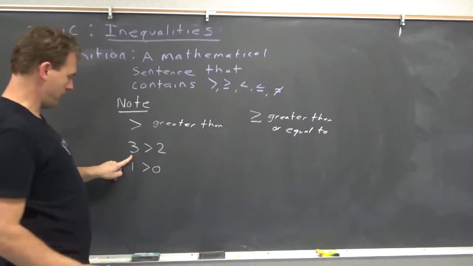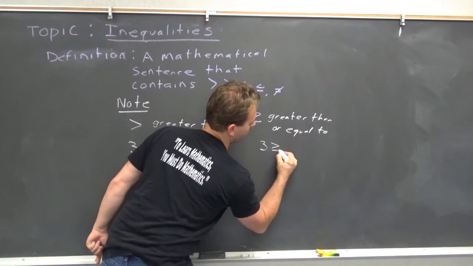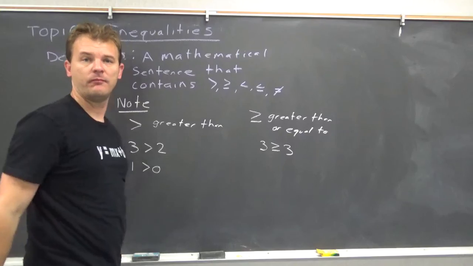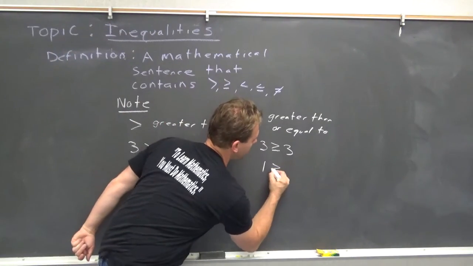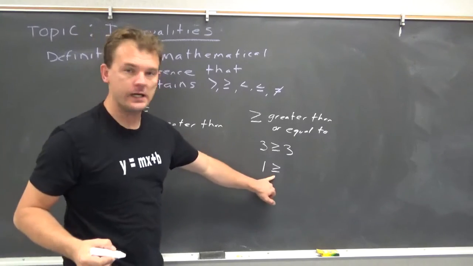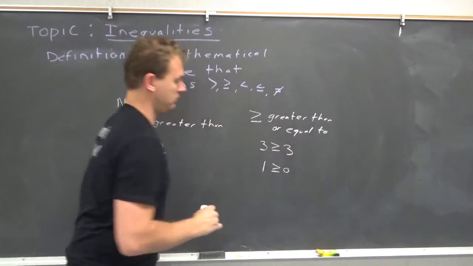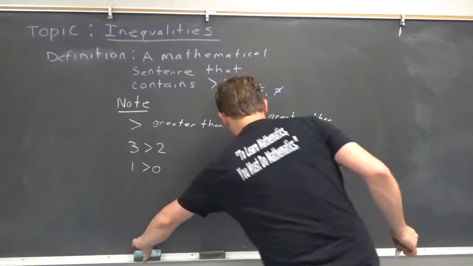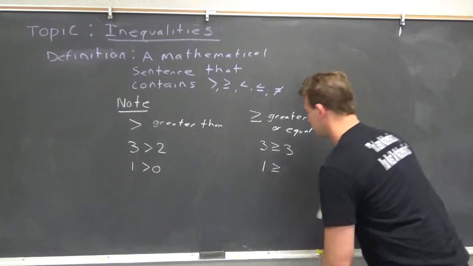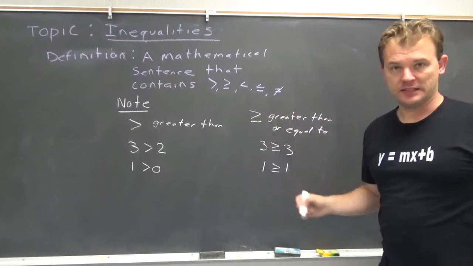So back to this one. 3 is greater than or equal to itself. 1 is greater than or equal to 0. It could be that way. Or if you don't like that, just go ahead and copy that. So those are the greater thans.